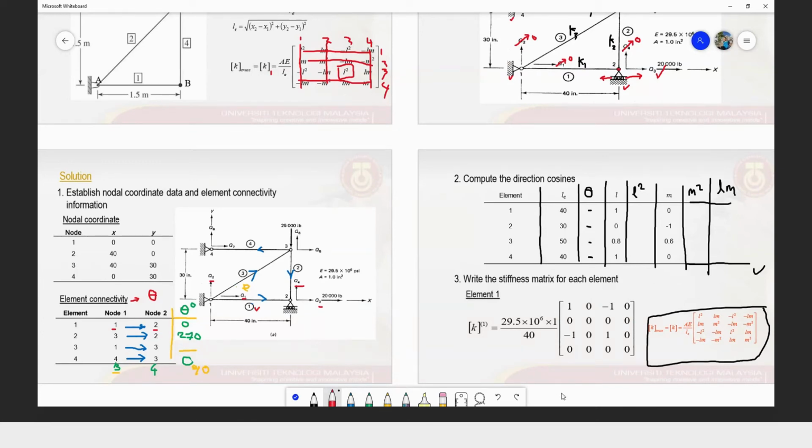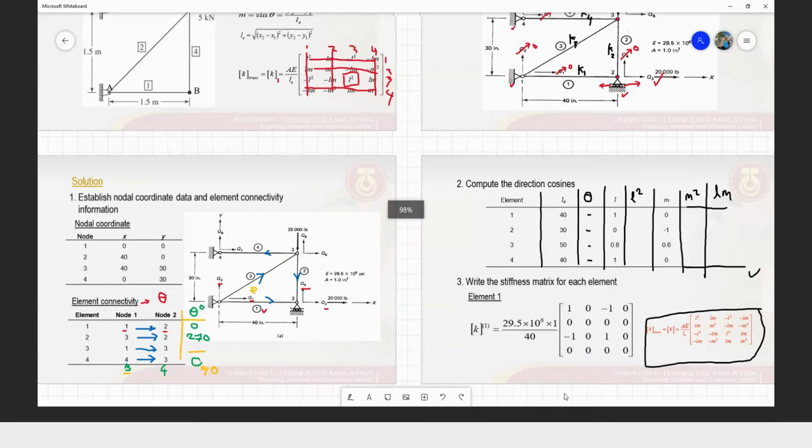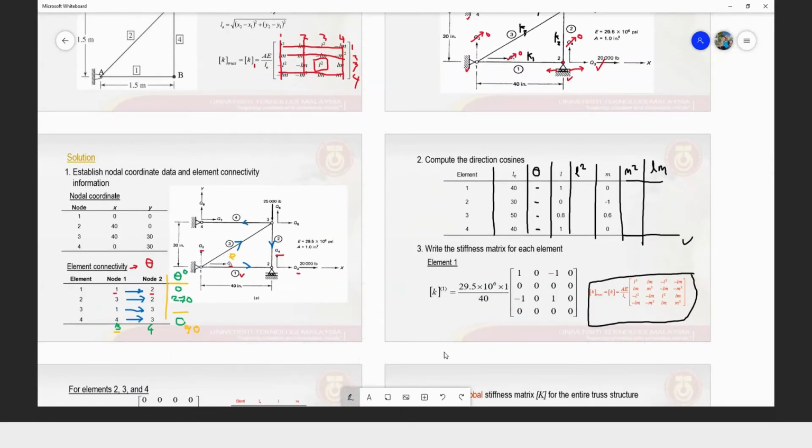So if you prepare your work in that way, what is left is you can write that your K1 only contains, assuming we have all of this here, this is equivalent. And then what is L square for element number 1? L square equal to 1. But you have to fill up here first.